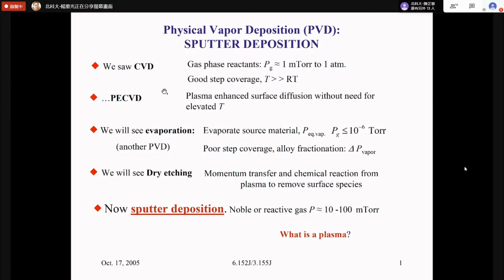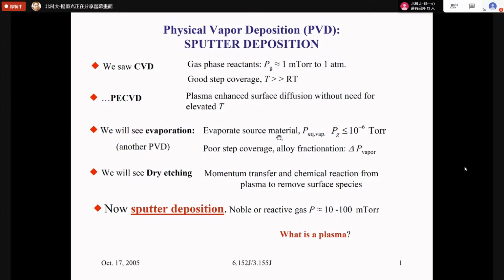And we also have plasma enhanced CVD, where the plasma enhances surface diffusion without needing to elevate the temperature. So you don't need a very high temperature, and that part is contributed by the plasma.